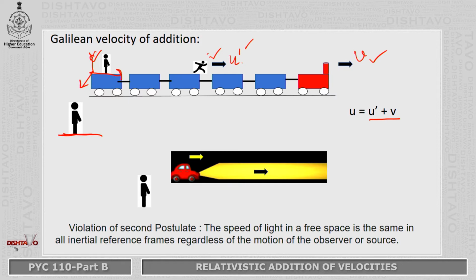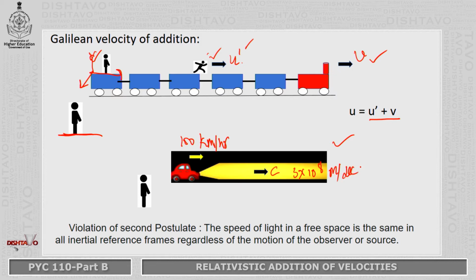Suppose we consider another situation where headlight beams are fully on, and a car is moving at a speed of 100 kilometer per hour, and you know the speed of light is 3 into 10 to the power 8 meter per second.